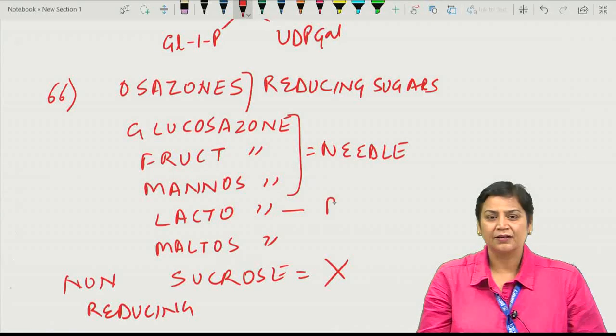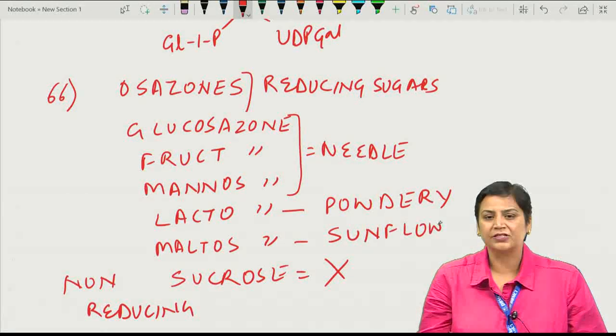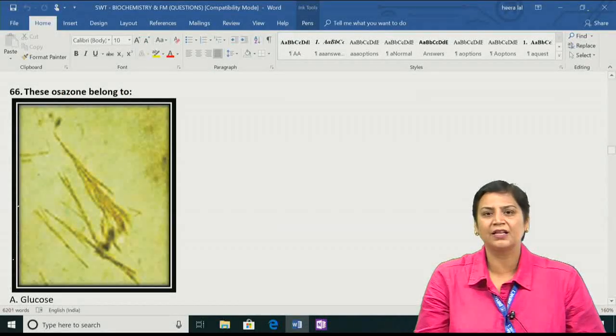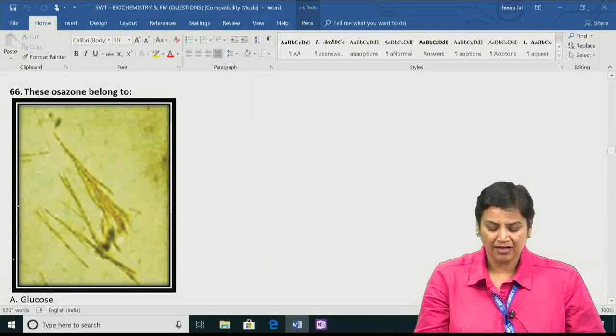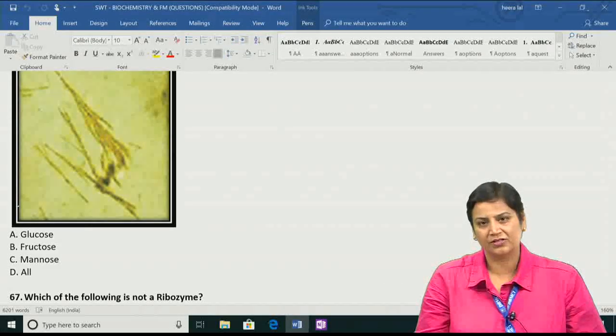Lactosazone has powdery puff and maltosazone has sunflower petal like crystals. So here you can see in the picture, this is nothing but a bundle of hay or needle like. So the answer would be D. Glucosazone, fructosazone and mannosazone are going to form these type of crystals.